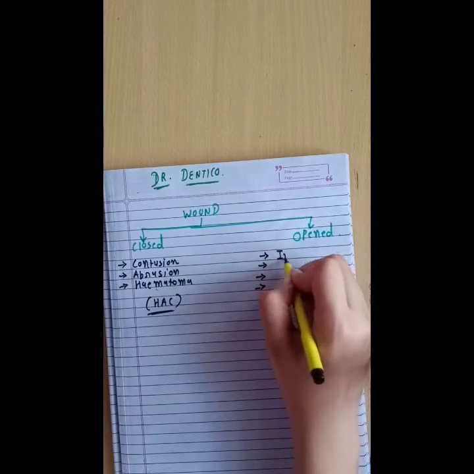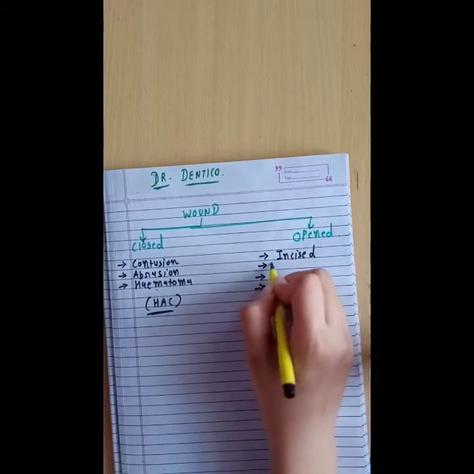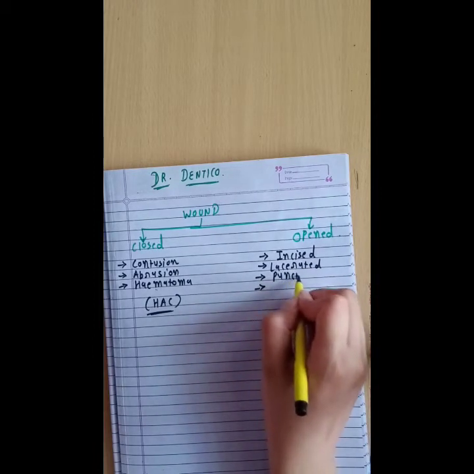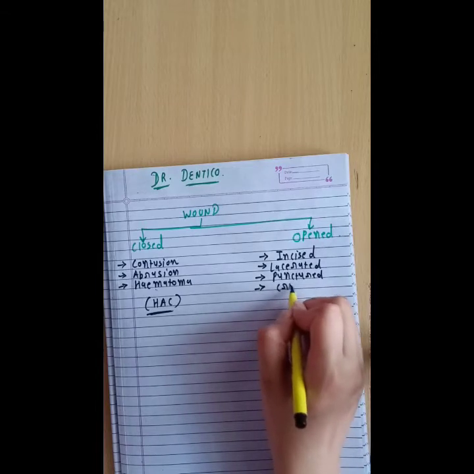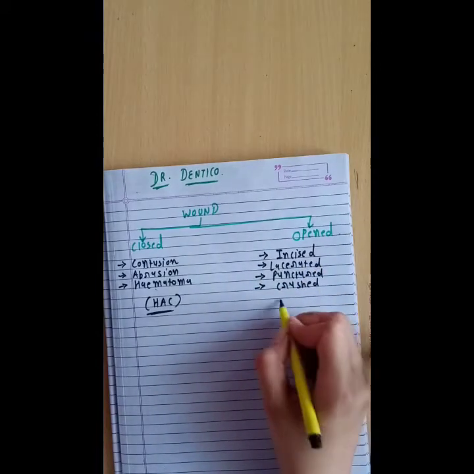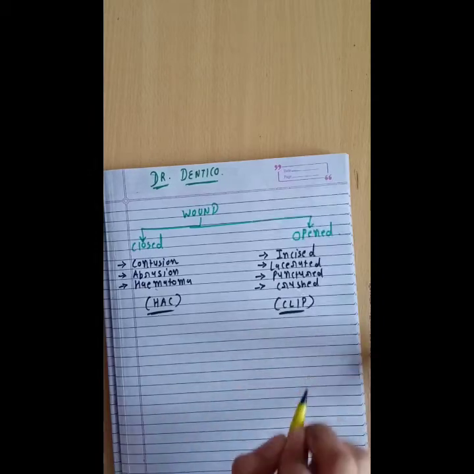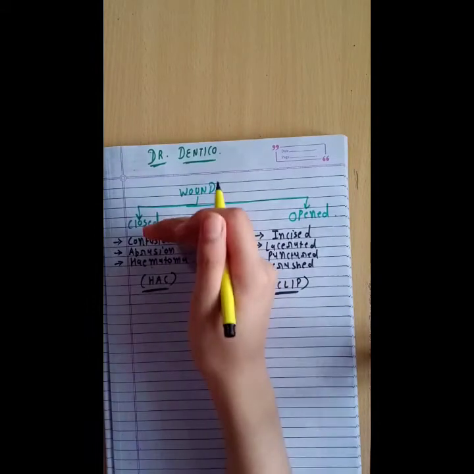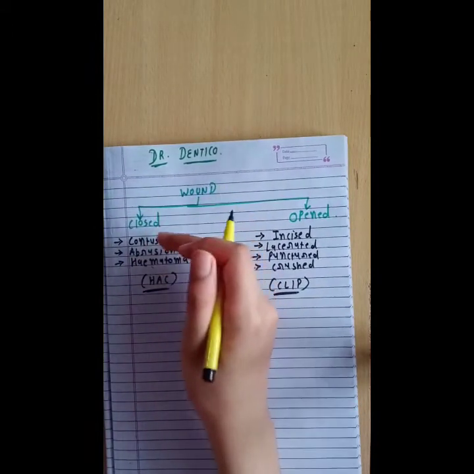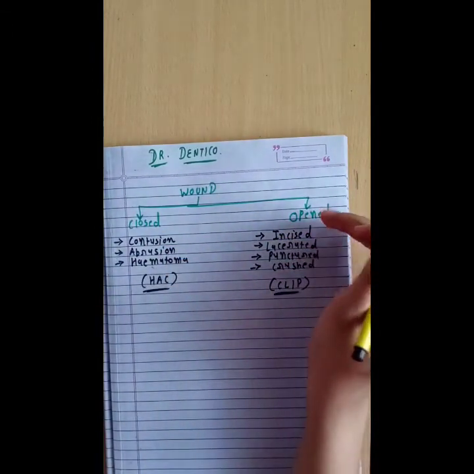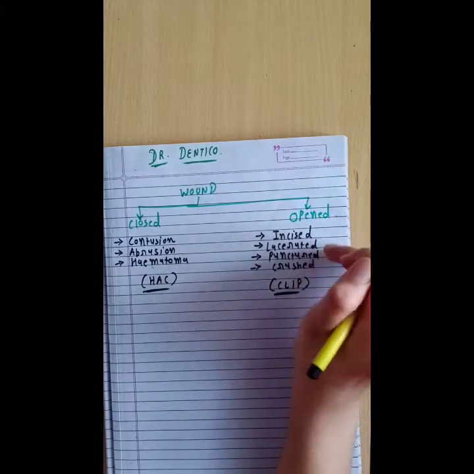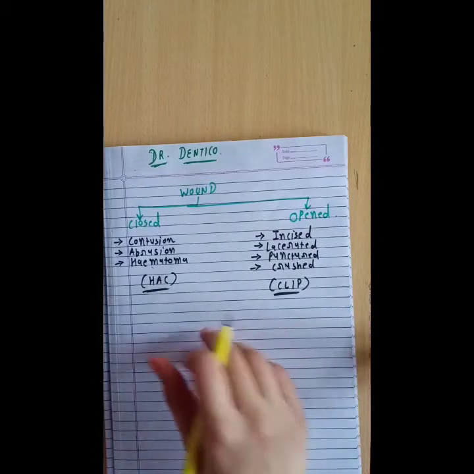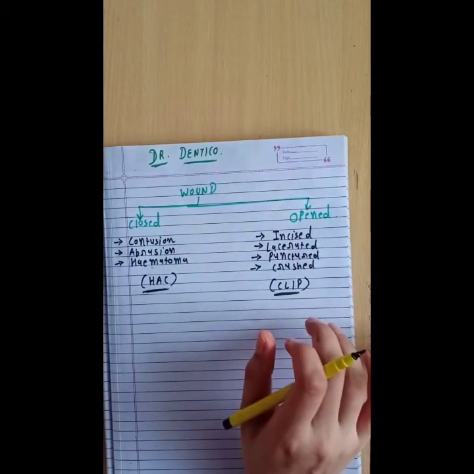First is the incised, lacerated, punctured, and crushed wound. And the short trick for this is the clip. Okay, so wound is basically divided into closed and open wound. The types of closed wound are contusion, abrasion, hematoma, and in open wound, incised, lacerated, punctured, and crushed wound. Now we will discuss all these types in detail.